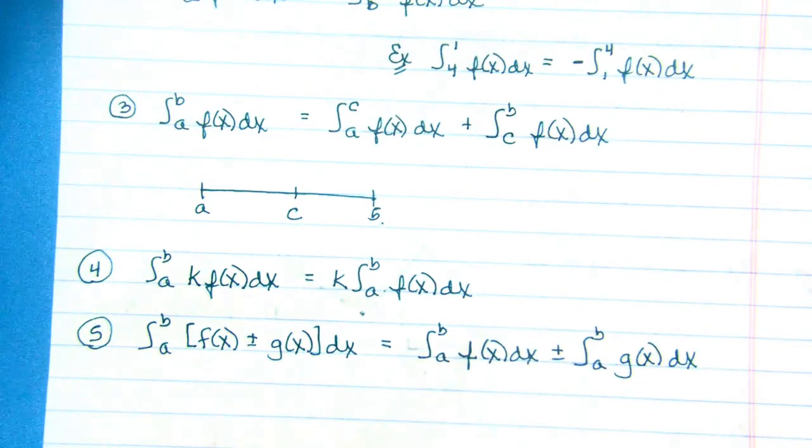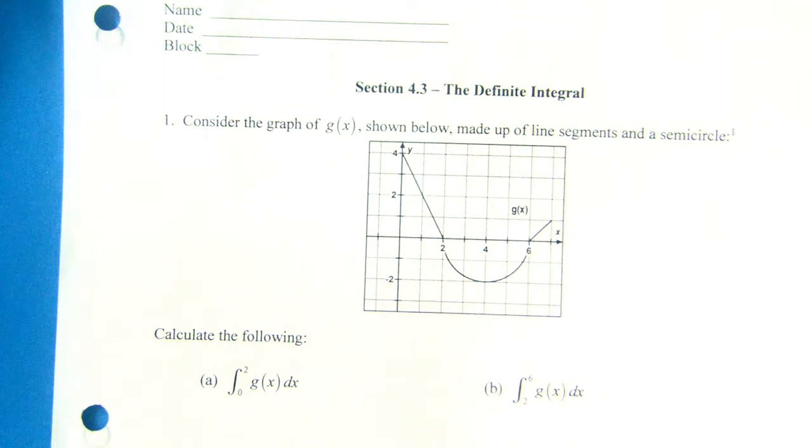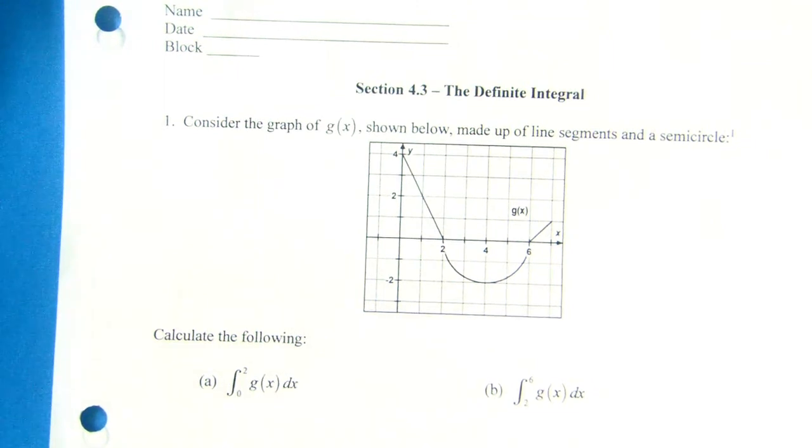Okay, so we need to do a little bit of practice now with definite integrals using geometry and using our properties. Can you please take out the sheet that's titled Section 4.3, the definite integral? On this sheet, I'm not giving you formulas for the function.